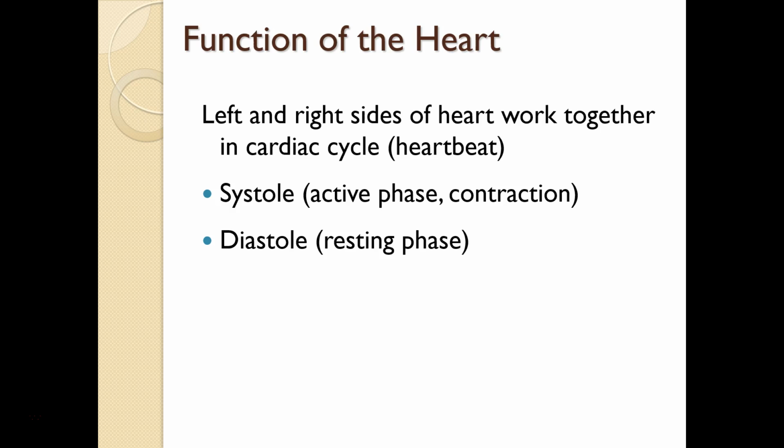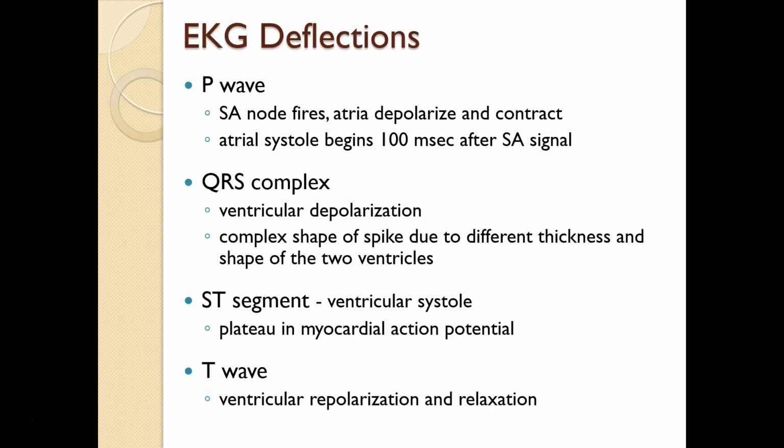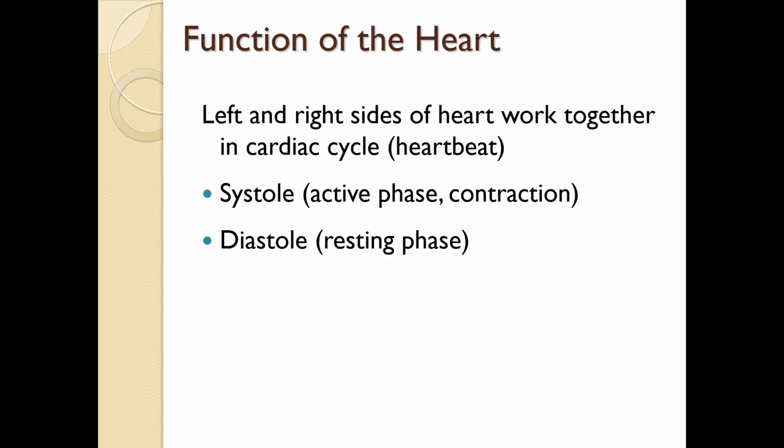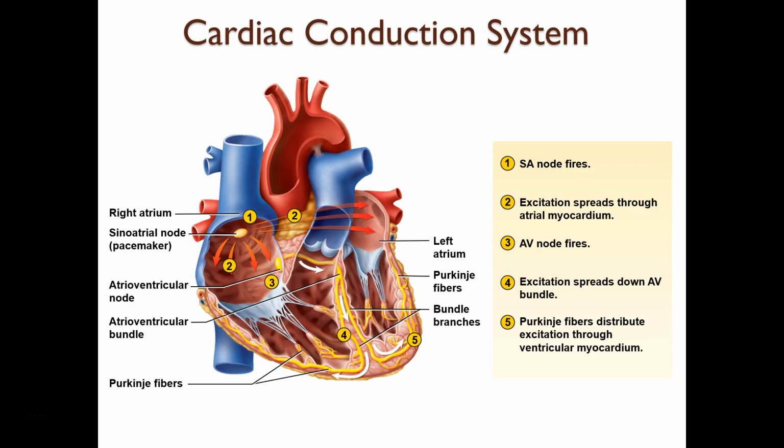So you should have an idea when the atria are in systole, what the ventricles are doing at that time, and when the ventricles are in systole, what the atria are doing at that time. So you have systole of the atria, then diastole of the atria, then systole of the ventricles, and diastole of the ventricles. Okay?